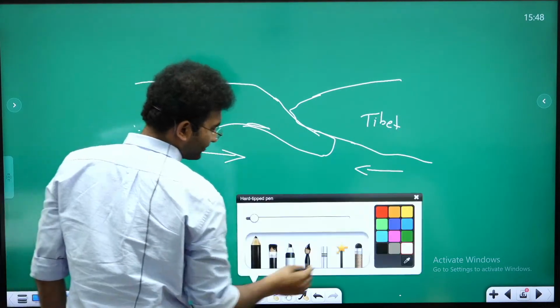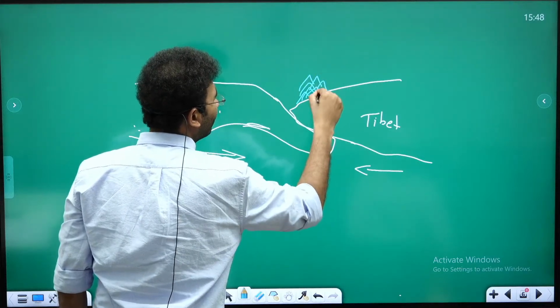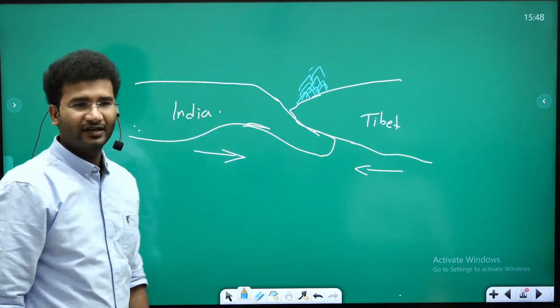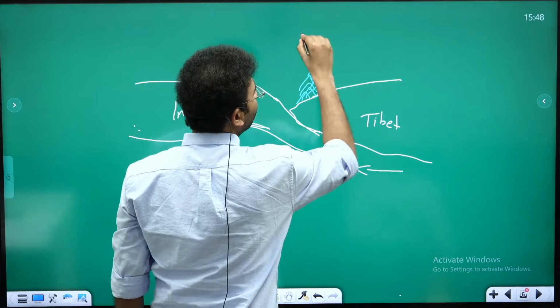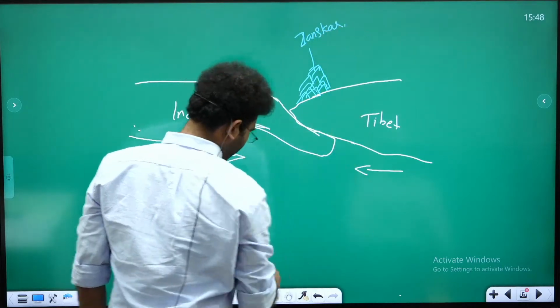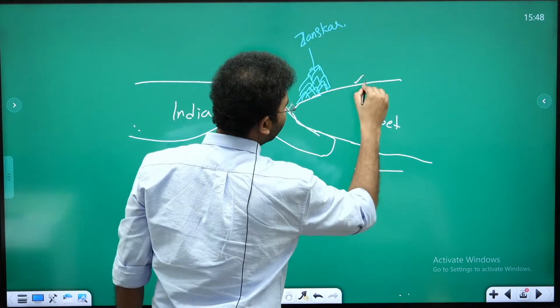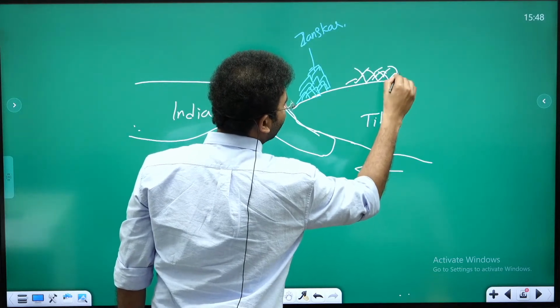So in this process of the collision, I told you already there is rise of mountains. What is this rise of mountains? They are because of the Tethys Sea sediments. Now what are these? Zanskar ranges. And above this, on Tibet, there was some volcanic material which was already there. What is this volcanic material?